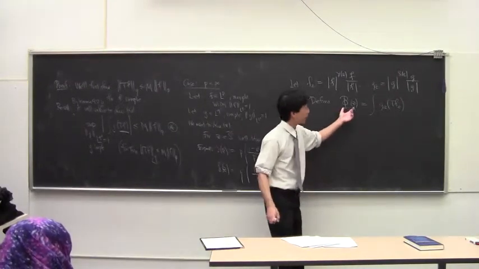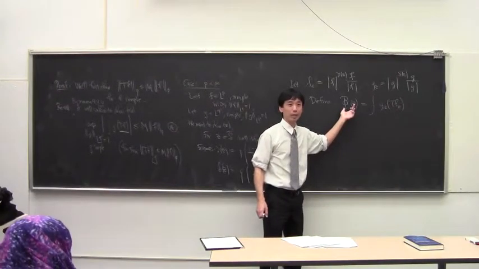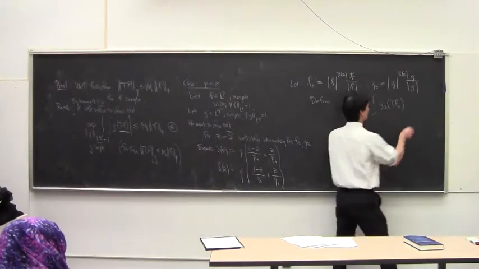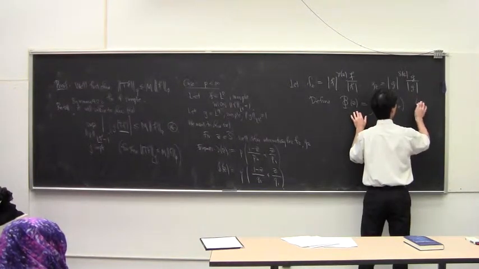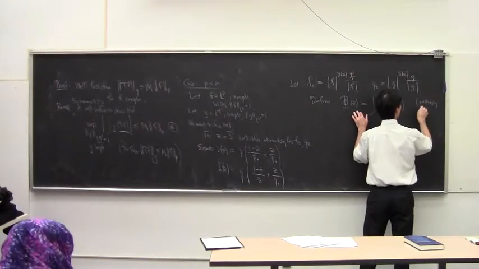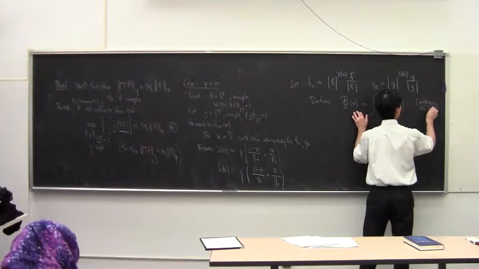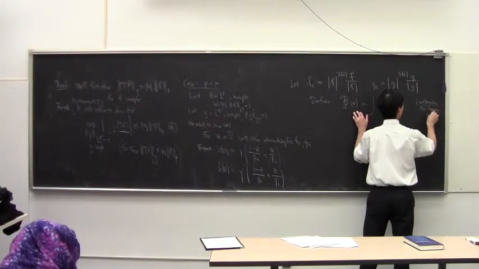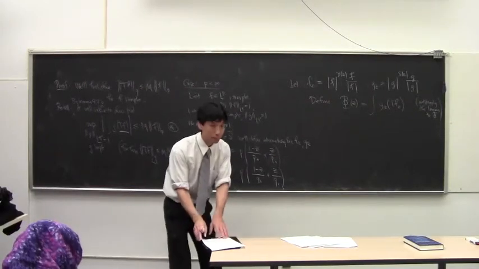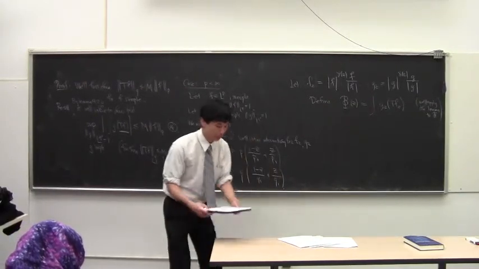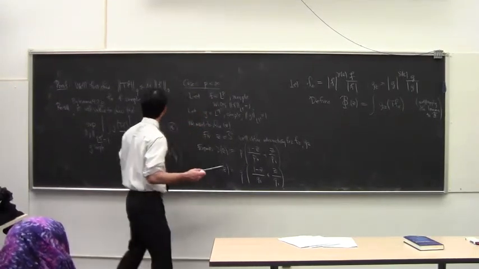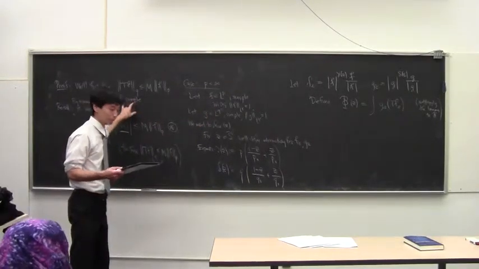This is the thing to which we're going to apply the three lines lemma. We will apply the lemma to phi, and that will basically do it for us for the case of simple.